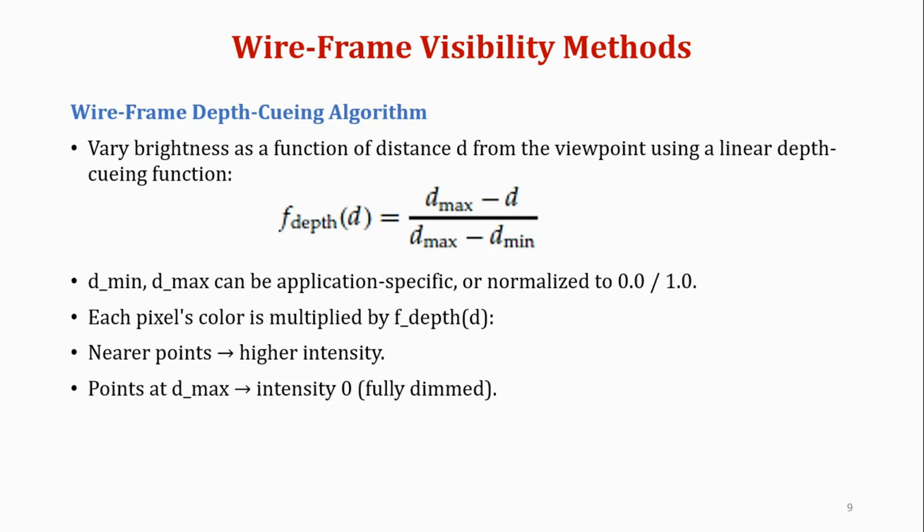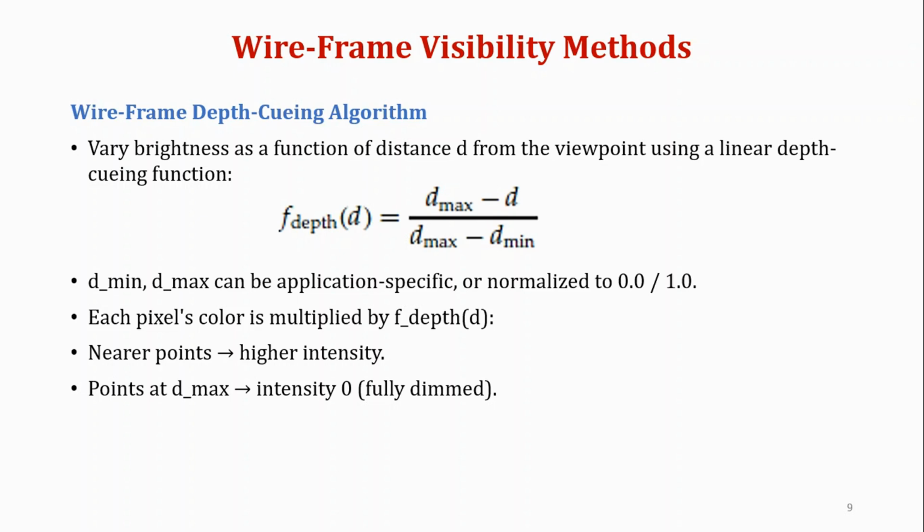So that is the logic: the closer objects are brighter and the distant objects appear very dim. This mimics human visual perception and provides a better sense of depth. As a result, the 3D structures become easier to understand by using the depth cueing algorithm.